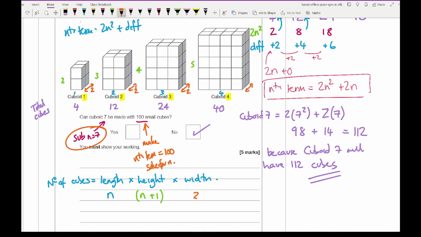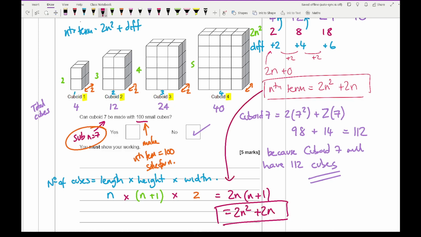So if I multiply each of these together, I get 2n(n plus 1), which ultimately becomes 2n squared plus 2n, which is exactly the same as what I found when I worked out the nth term algebraically. So a couple of ways in which you could get that nth term formula for this particular question.